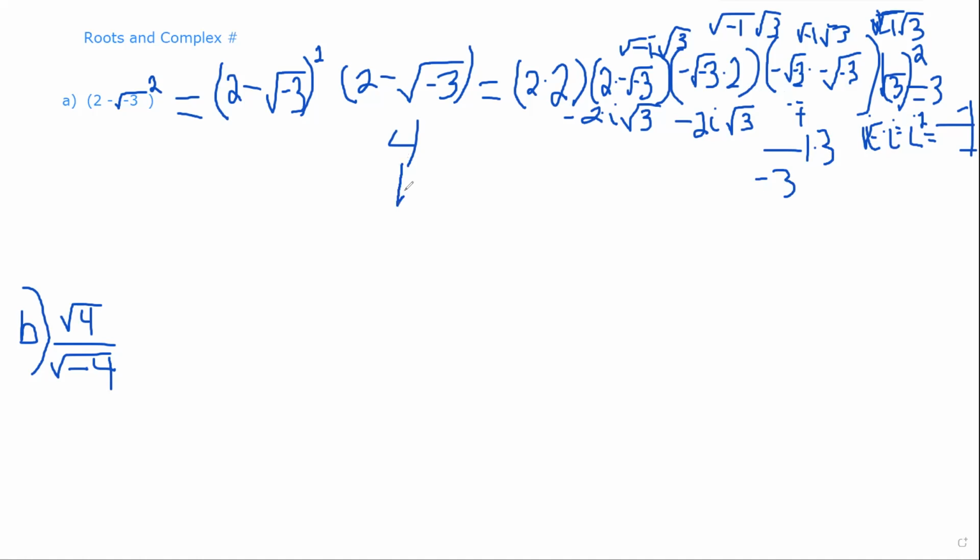So I will pull down 4, negative 2i times the square root of 3, negative 2i times the square root of 3. That will combine to be minus 4i times the square root of 3.